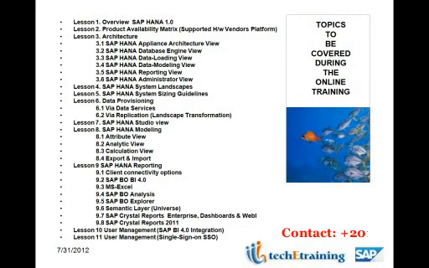So we start over with the appliance architecture, where we have separate layers, say for example extraction layer, and then processing layer and presentation layer, like that. Then 3.2 is the database engine. In the database engine view, we're going to be understanding the areas pertaining to the database process flow.